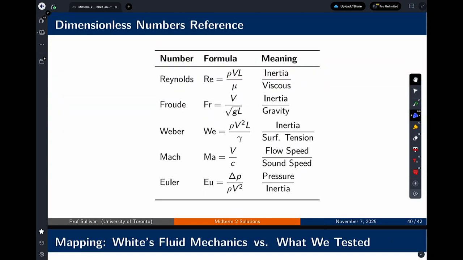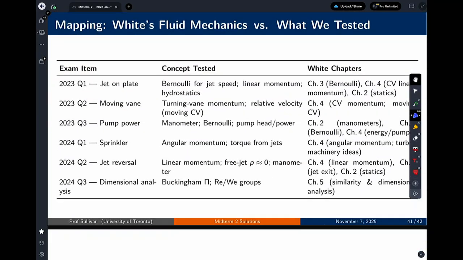Try to at least be familiar with Reynolds number. Mach number is not so hard to follow through with. Froude, Weber, and Euler. Froude is more comfortable for your civil engineering colleagues. Weber is more something that your chemical engineers do. Euler, I guess, is one we do with aerodynamics. So there you go.